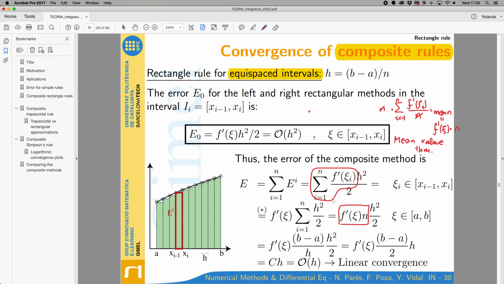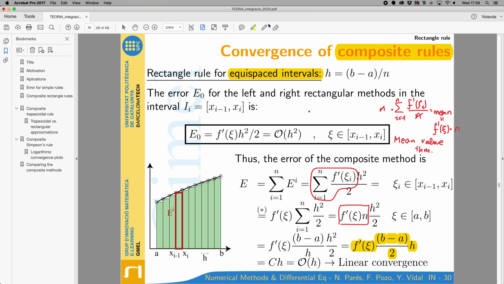So this part is equal to n times f prime psi, and then h squared divided by 2 is constant, so it can be written outside of the summation, and we get this. Now, as we are assuming we have equally spaced intervals, n is equal to b minus a divided by h, so we can simplify one h here, and we obtain this final expression for our error.